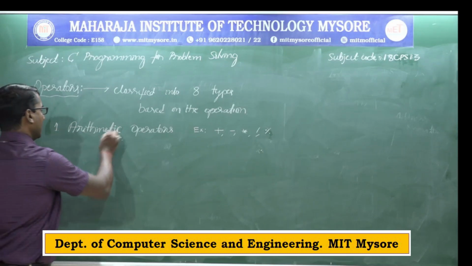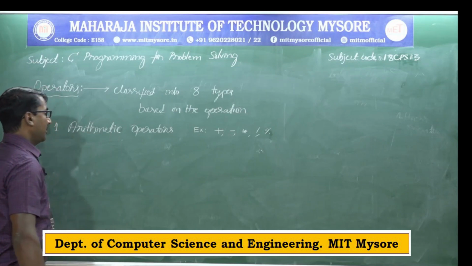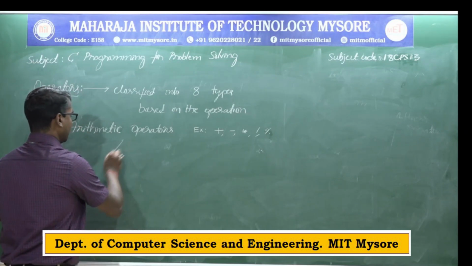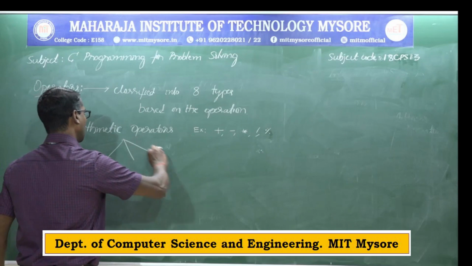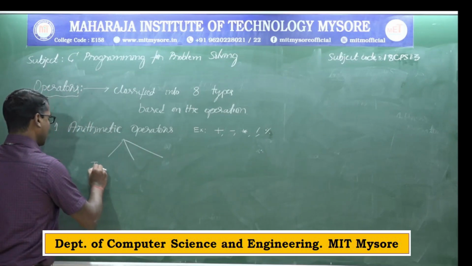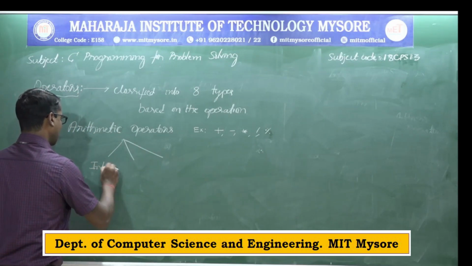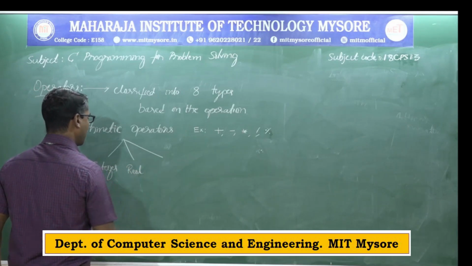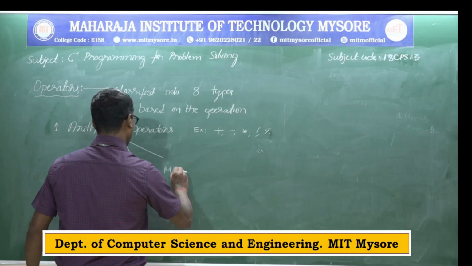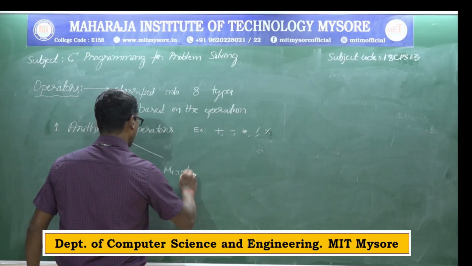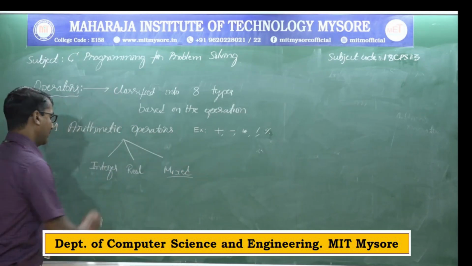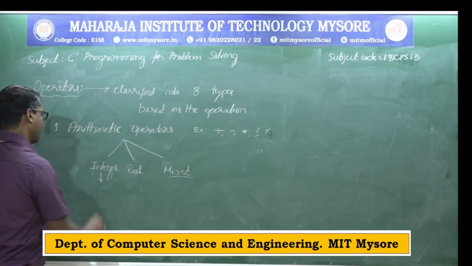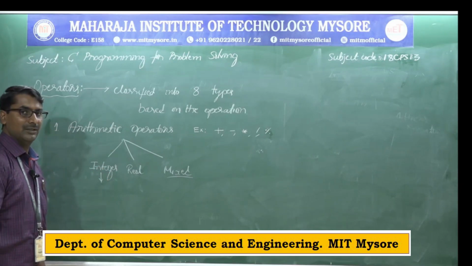Mainly, arithmetic operations are classified into 3: integer arithmetic, real arithmetic, and mixed arithmetic. In integer arithmetic operation, only integer values are used.